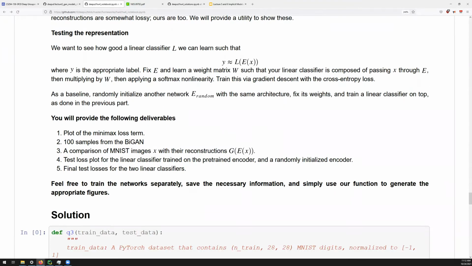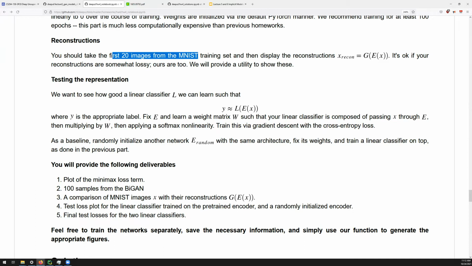Then there's another big thing to do. We want to see how good a linear classifier we can make from the encoded values. We'll have a linear classifier that takes the latent variables from the encoder, and Y is the label; since this is MNIST, we have the labels.